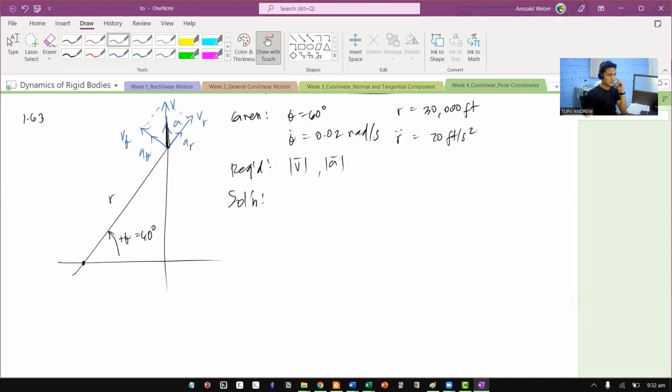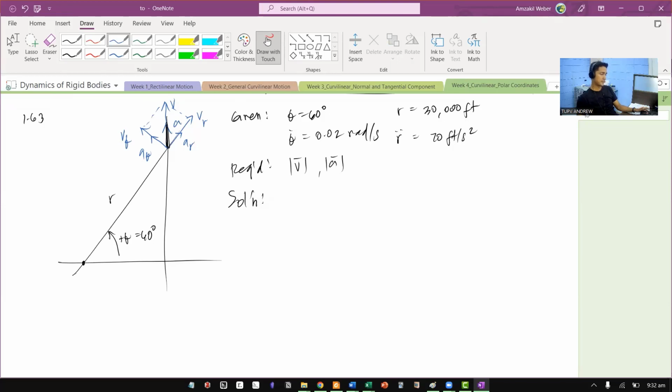So what we can see from this figure is that both V_r and V theta are positive because they tend to increase the r and the theta. And the A_r and A theta are also both positive because they help V_r and V theta. They are not opposing V_r and V theta. So those are additional givens.